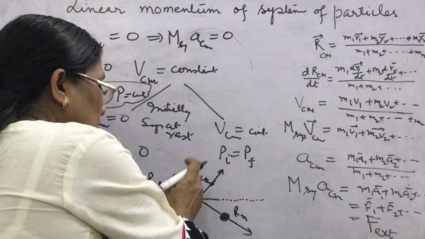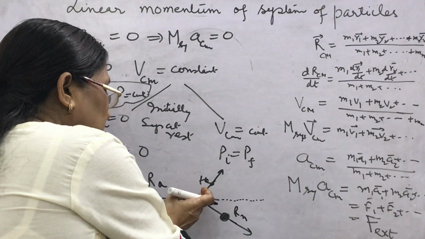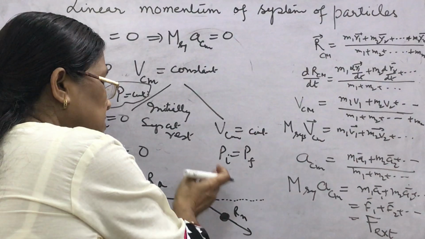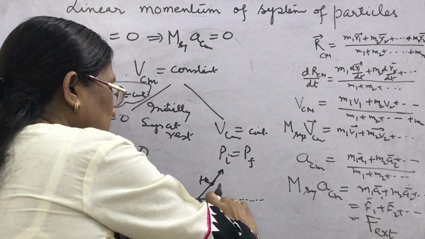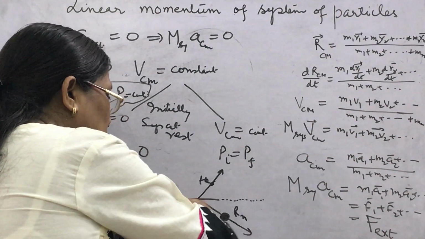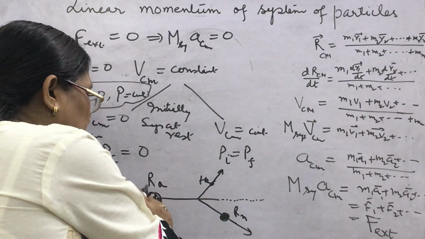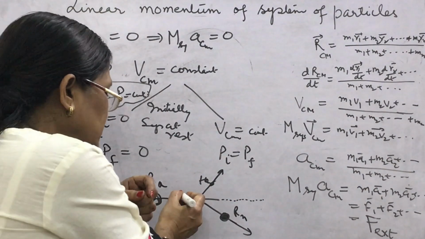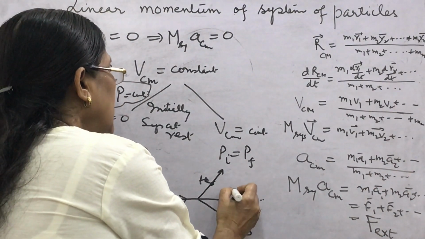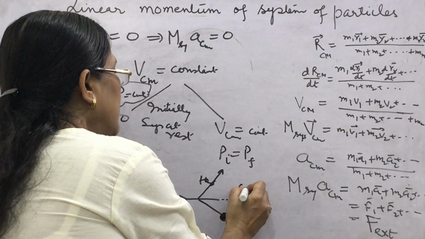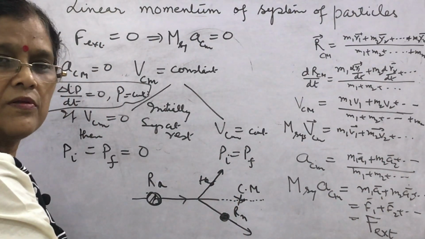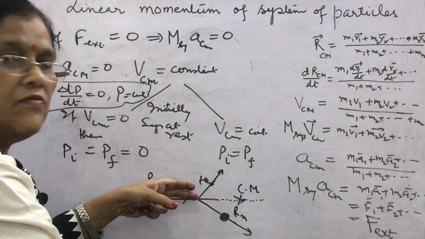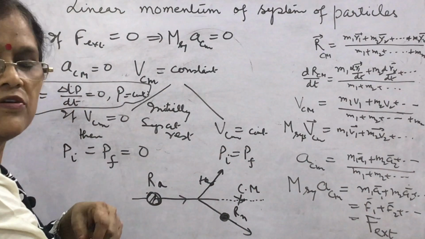When decay takes place, the fragments move in such a way that their vector sum is in the same direction as the motion of the decaying nucleus. Before decay, whatever was the direction of motion, the same remains the motion of center of mass. Fragments move in such a way that the resultant vector is the vector of center of mass.